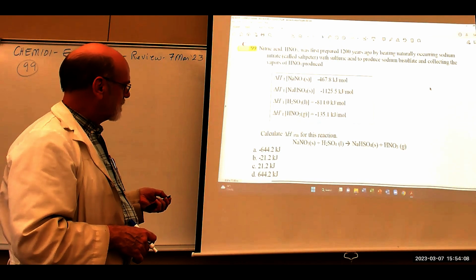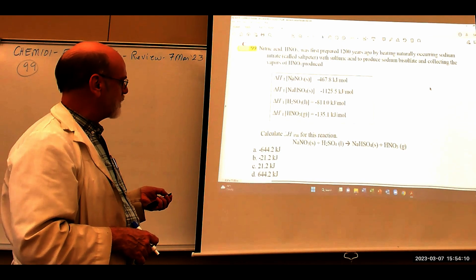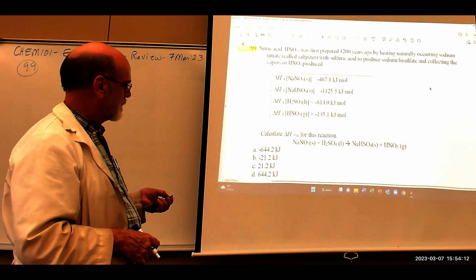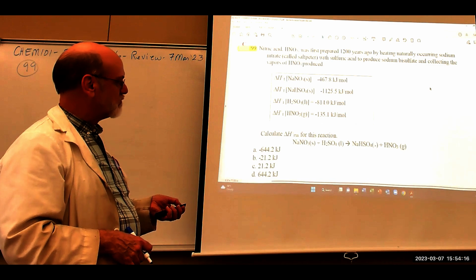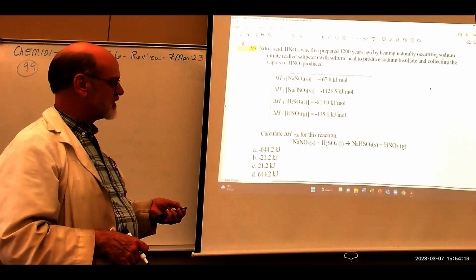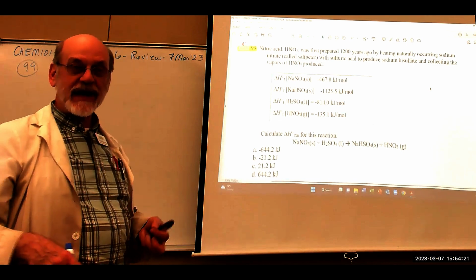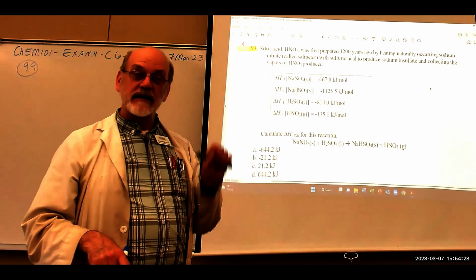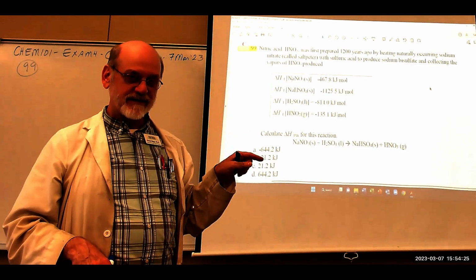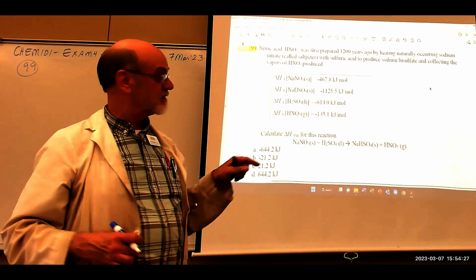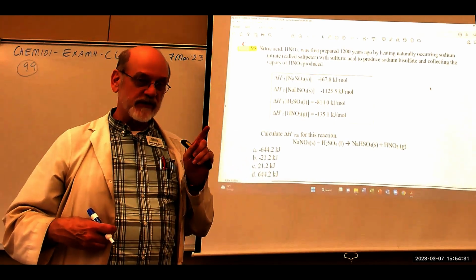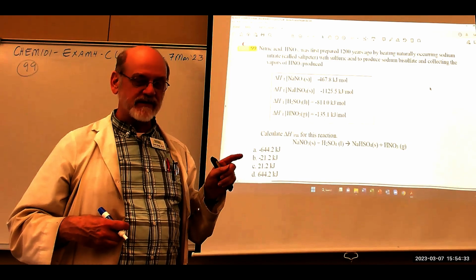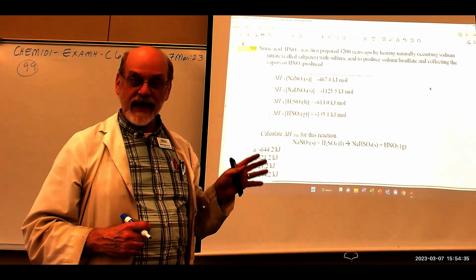Calculate the standard enthalpy for this reaction. Sodium nitrate plus sulfuric acid yields sodium bisulfate plus HNO3, which is hydrogen nitrate, right? It's not in solution yet, so we don't call it nitric acid. They call it nitric acid, I think. But until you put it in aqueous solution, it's not acid. It's hydrogen nitrate, gas.